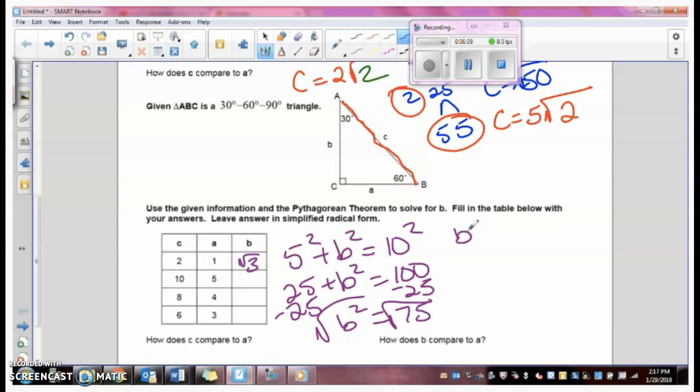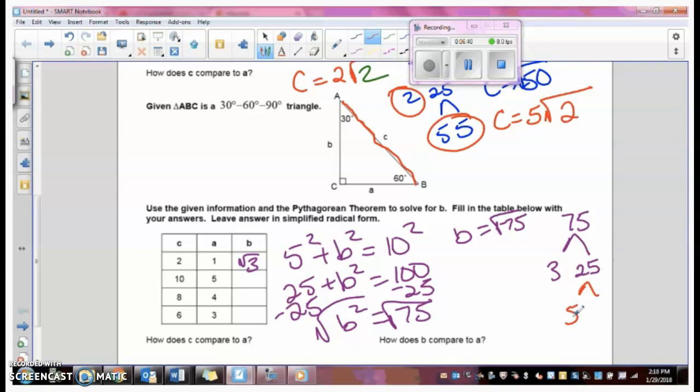So the square root of 75, we'll split it into its factors. So 75, some factors would be 25 and 3. And we know that 25 is a perfect square, so those factors can be split up into 5 and 5, just like we did in the previous one.